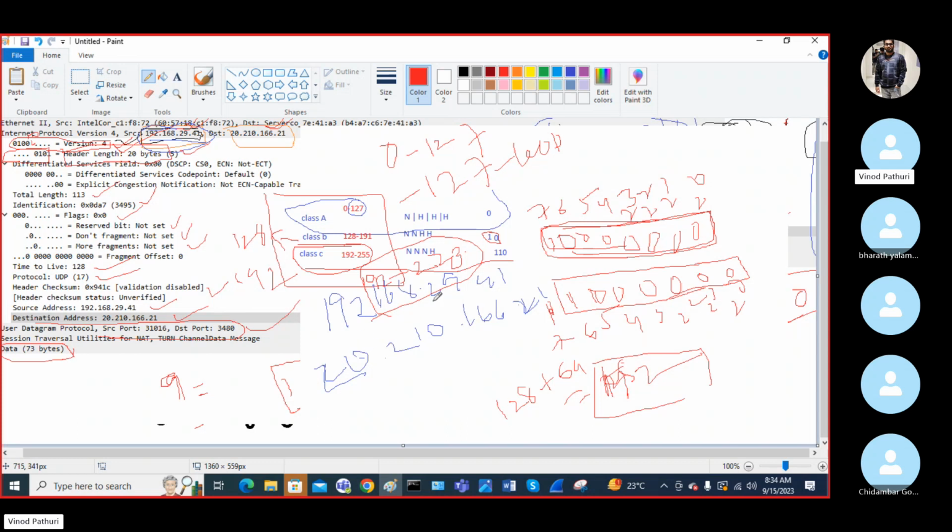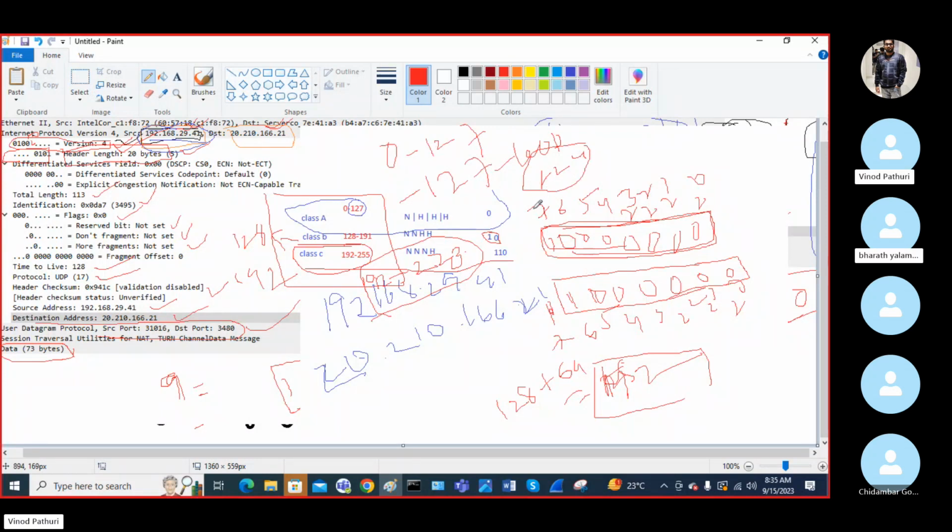The remaining will be called 224 to 227. All of them are called multicast addresses. In your routing and switching, it will use some protocols internally to communicate from one router to another router. For that we need some multicast addresses, so that series will start from 224.